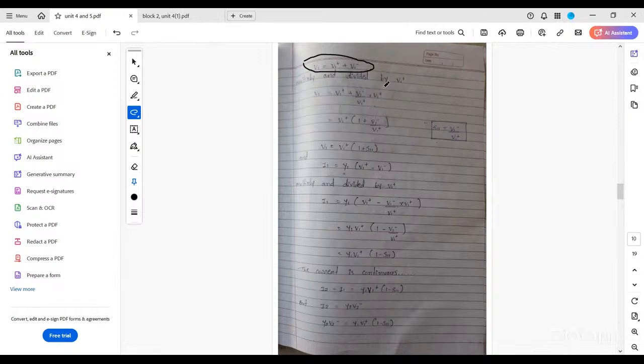Multiply and divide by V1 plus, only the second term. After multiplying and dividing the second term and taking V1 plus common, I got V1 equal to V1 plus times (1 plus S11).